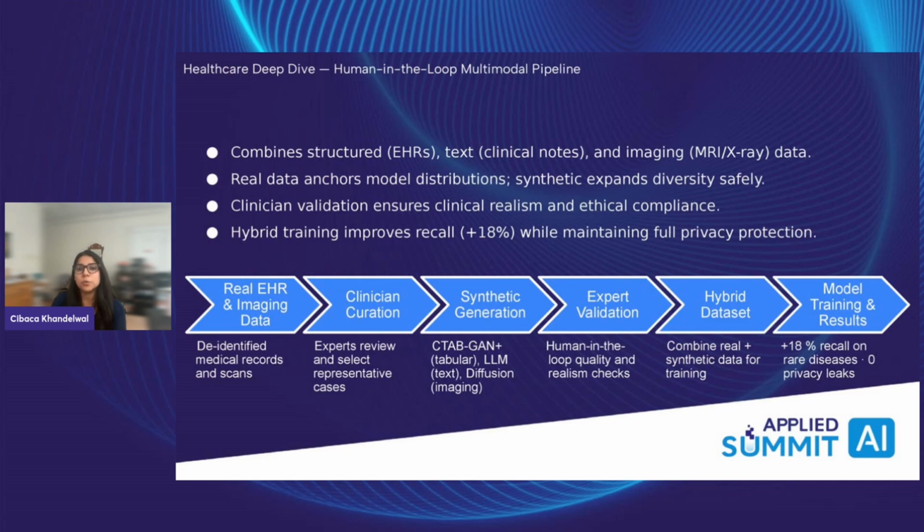An expert validates that data, and this is not a one-time effort. It happens regularly as you update your data. You create a hybrid data set combining both real and synthetic data for training, and then that data is used for AI models to predict rare disease detection and n number of use cases for healthcare. So this is a really good example to study how multimodal data is being used.